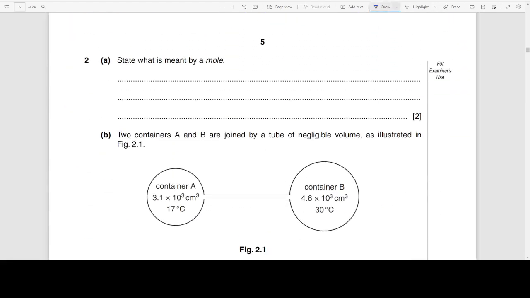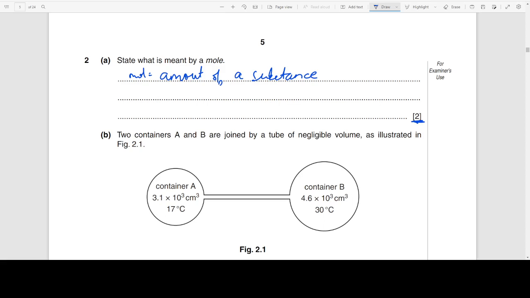State what is meant by a mole. Oh, we know the usual, the basic chemistry definition of a mole. Mole is just the amount of a substance. But since it's for 2 marks, there has to be 2 points. So you know that point where we refer to the carbon atom. So you have to use that point.